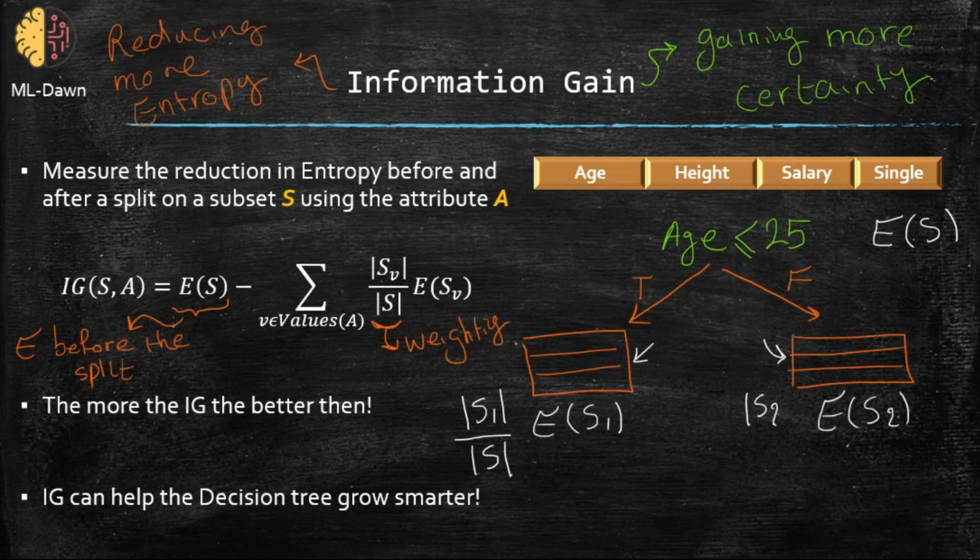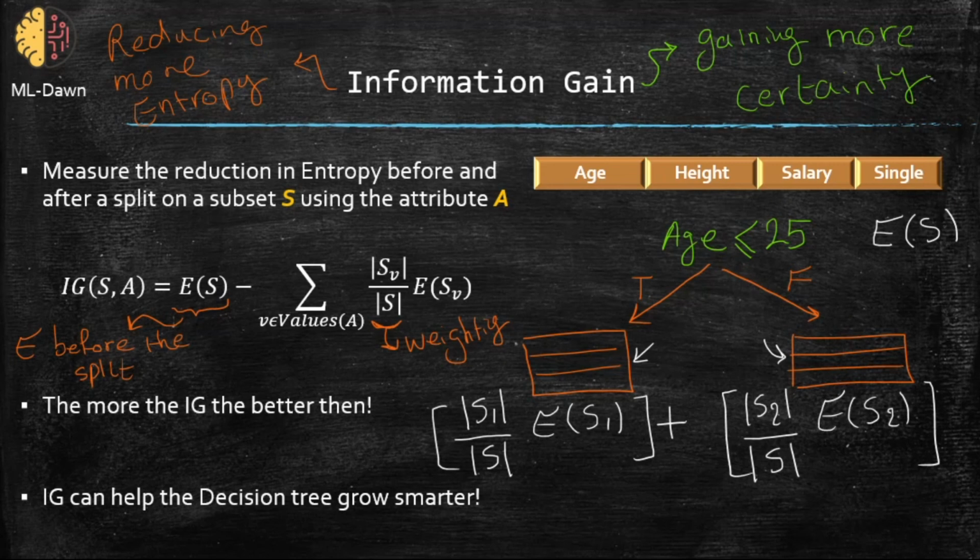We call it S2, and again we have the size of the original set before the split. And then we sum these up.